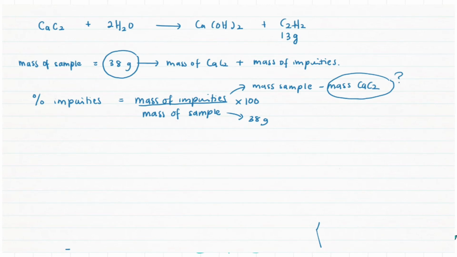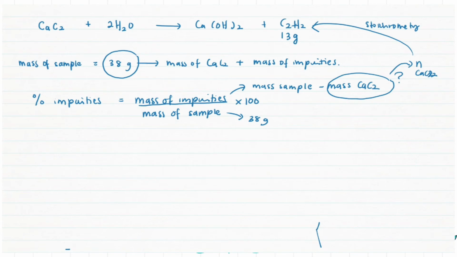How do you calculate mass of CaC2? You need to know the mole of CaC2. How do you know the mole of CaC2? You will use the stoichiometry relationship, by using mole of C2H2 to calculate mole of CaC2.